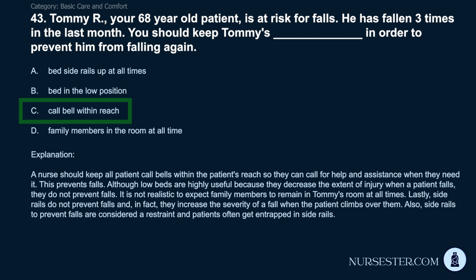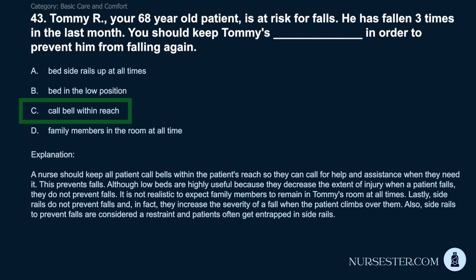A nurse should keep all patient call bells within the patient's reach so they can call for help and assistance when they need it. This prevents falls. Although low beds are highly useful because they decrease the extent of injury when a patient falls, they do not prevent falls. It is not realistic to expect family members to remain in Tommy's room at all times.